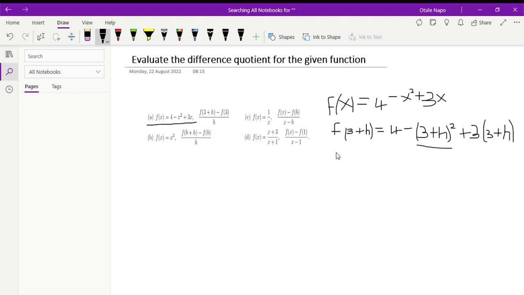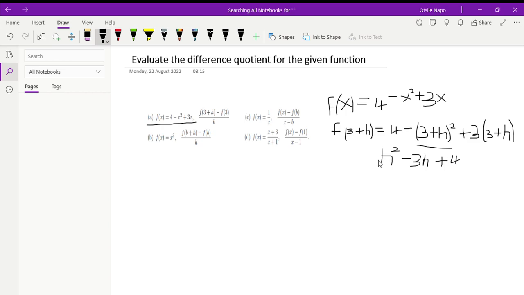Which will be negative h squared minus 3h plus 4. Simple.